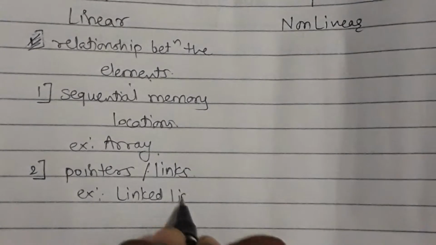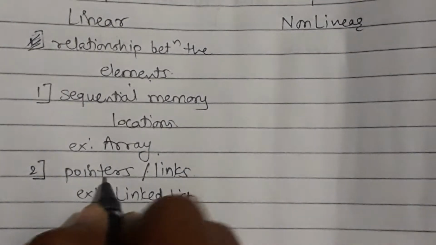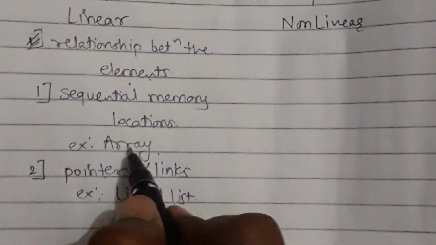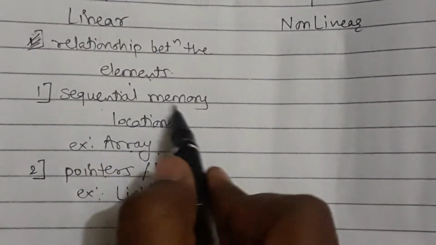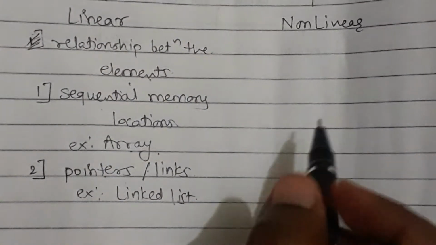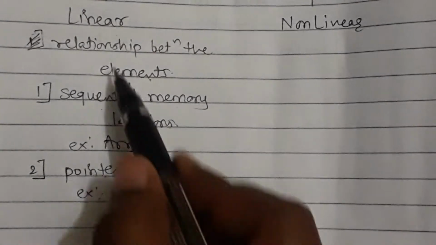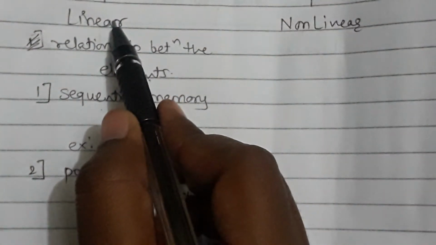So a linked list is one example of a linear data structure, and the array is related to sequential memory locations. Both are examples of linear data structures.